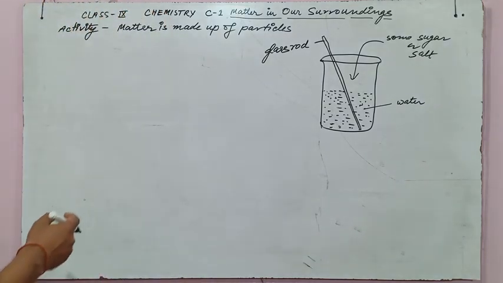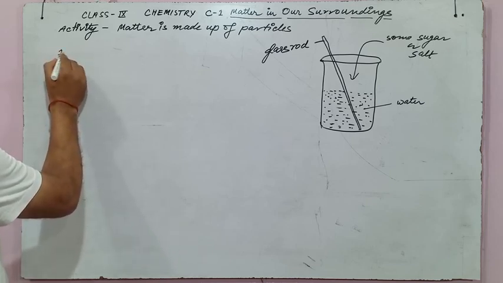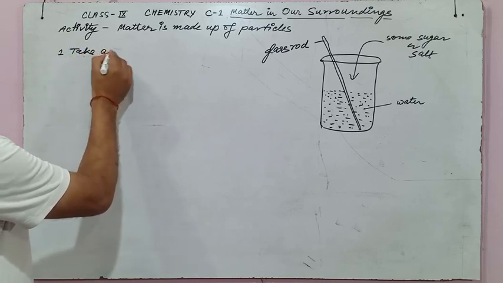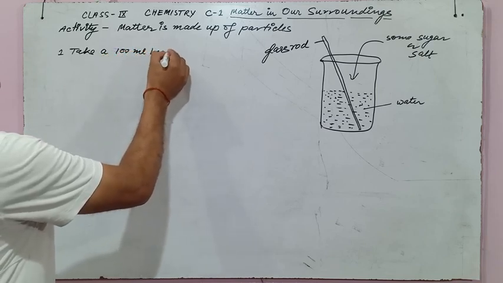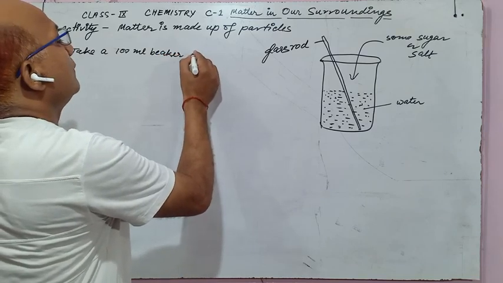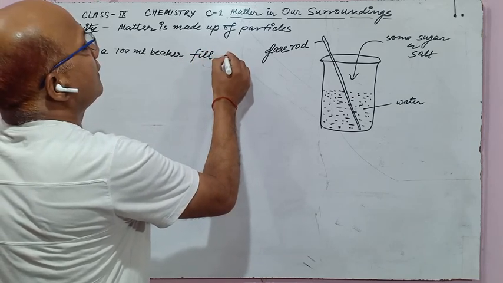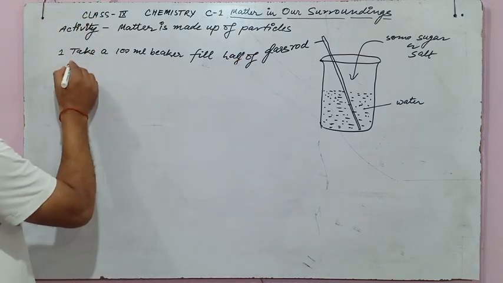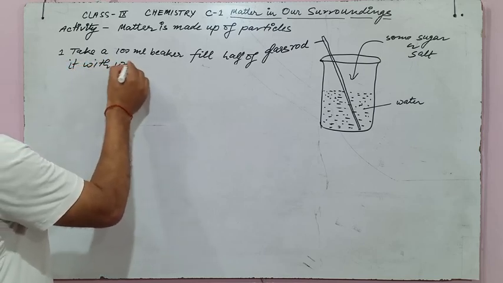So let us recap what the steps are. Number 1, take a 100 ml beaker, fill half of it with water.